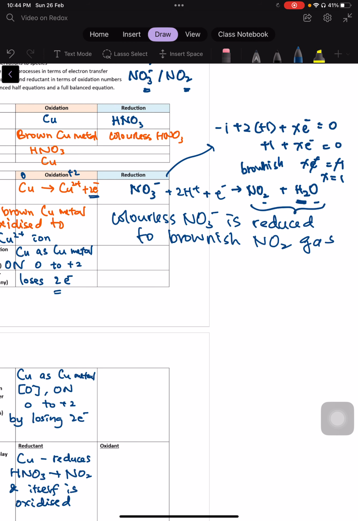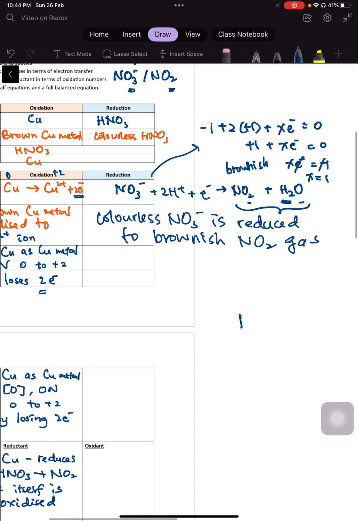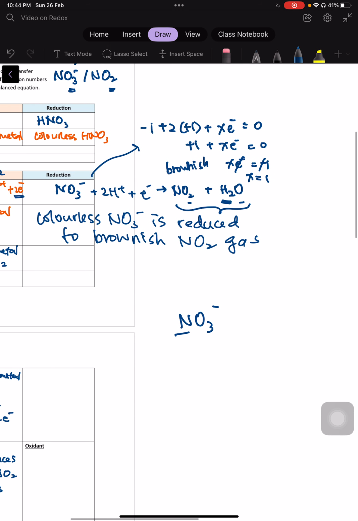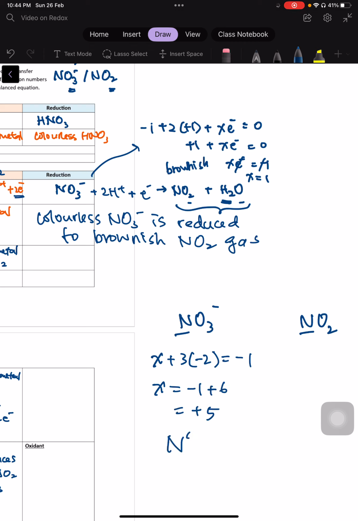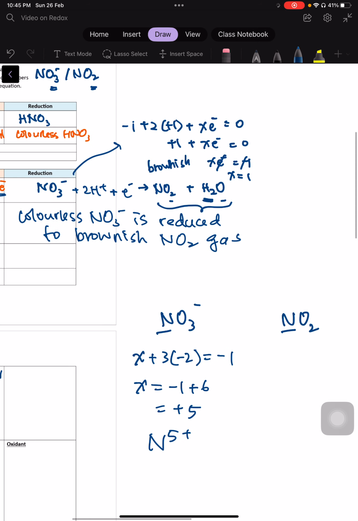If you're not sure what the oxidation number for nitrogen in nitrate and nitrogen dioxide is, what you do is put an X for the element that you're trying to find, and from here you can see the oxidation number for nitrogen in nitric acid is +5.